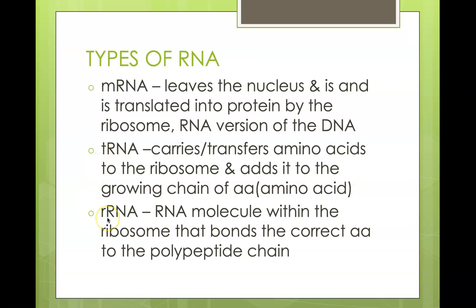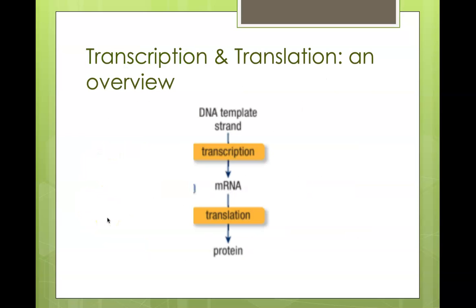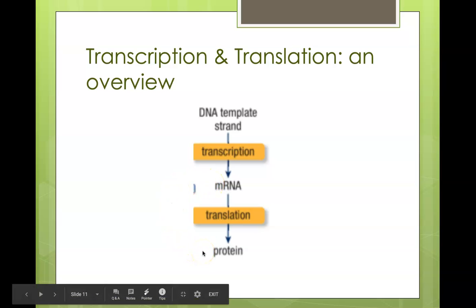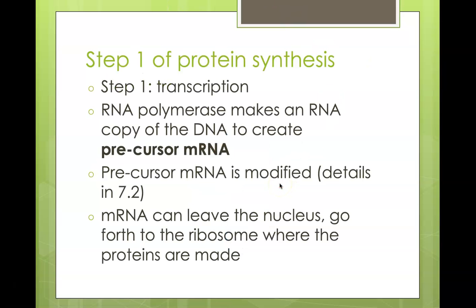And then this is within the ribosome. Once again, we're going to see this again and again, but you have your DNA template. Transcription gives you mRNA, and translation gives you a protein. So all this overall is called the central dogma.